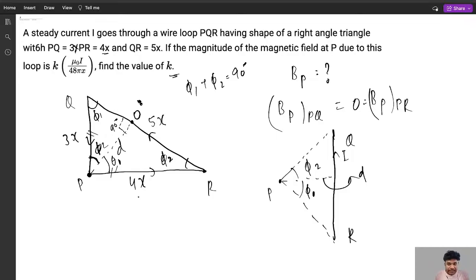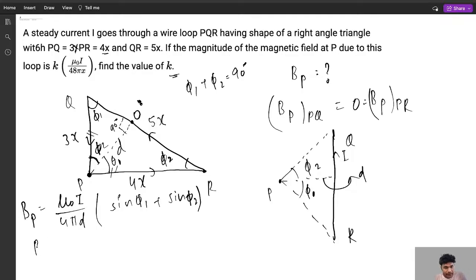What is the formula of the magnetic field due to a finite wire at a distance D? It is equal to mu naught I upon 4 pi D into sine theta 1 plus sine theta 2.